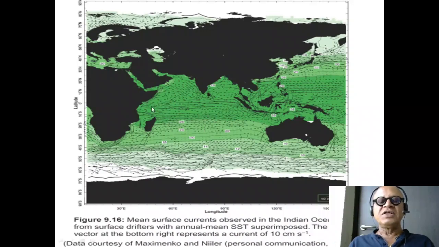They go from the southwest to the northeast during the summer months and go from the northeast to the southwest during the winter season. So the entire wind-driven circulation in the ocean changes to the north of about 10 south, whereas to the south of about 10 south, the winds are more like the trade wind structures with the southeasterlies.